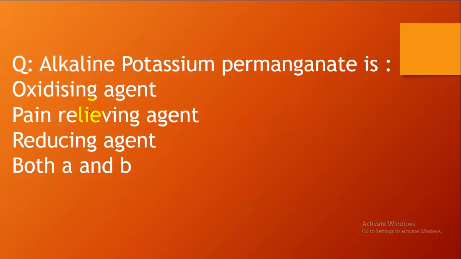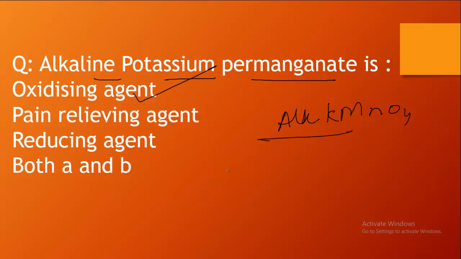Another question is alkaline potassium permanganate. That means we have been asked something about alkaline KMnO4. Is it an oxidizing agent, pain relieving agent, reducing agent, or both A and B? It is an oxidizing agent. As you know that it is used in the complete oxidation.